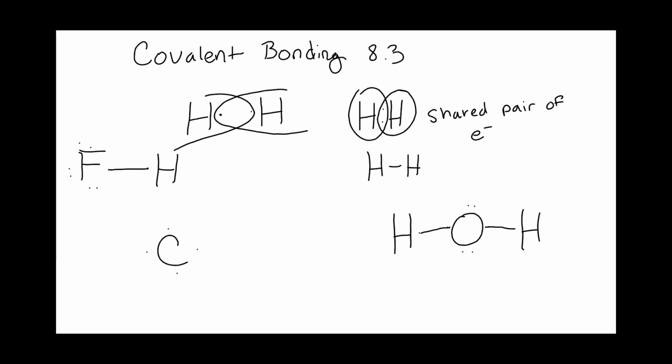Why is carbon an important element again? Well, why is it more important for us? It makes us, right? We are what-based life forms? Carbon-based life forms, because our organic chemistry, the chemistry of the molecules that make us, is based on what element?